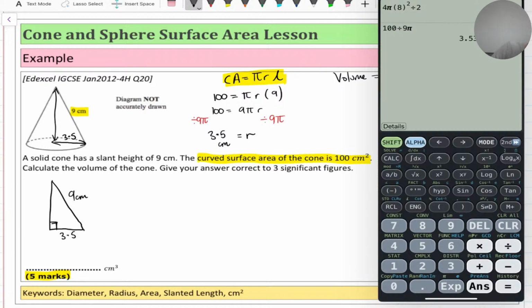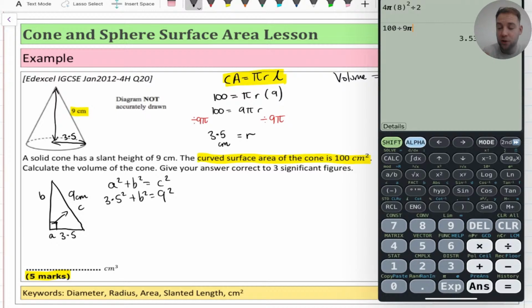Remember, the one opposite your right angle is C, the bottom is A, and this one is B. So I'm finding one of the shorter sides. Pythagoras is A squared plus B squared is equal to C squared. Subbing in, 3.5 squared plus B squared is equal to 9 squared.